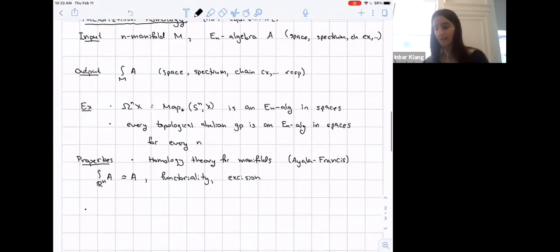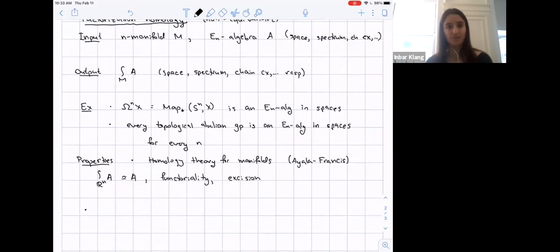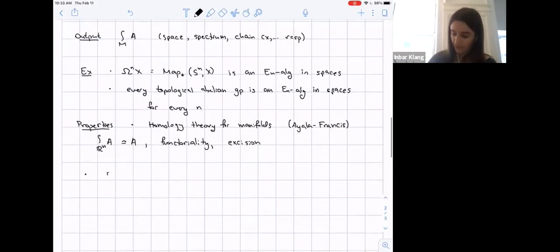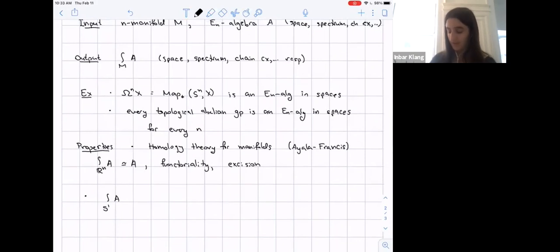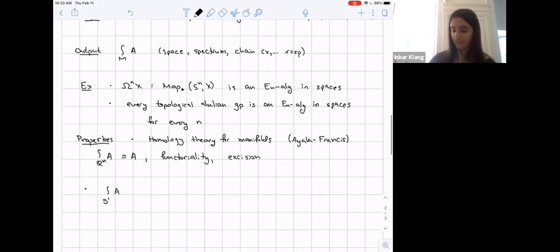So this is a way to characterize factorization homology as a kind of homology theory. Okay. It also recovers some invariants that weren't a priori defined as factorization homology. So if you take the manifold to be the circle, then factorization homology of the circle with coefficients in A is equivalent to Hochschild homology or topological Hochschild homology of A, depending on which category you take A to be in.